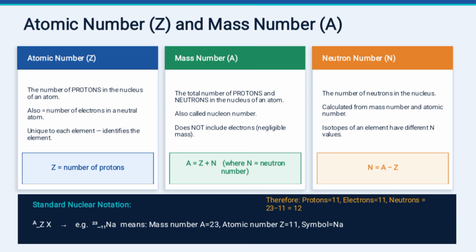Now to get the neutron number, we just say the mass number 23 minus the atomic number 11 gives 12, which is the neutron number. And this is how you write the proton, electron, and neutron number of each atom and the atomic and the mass number of each atom. Do well to try with other elements or atoms.